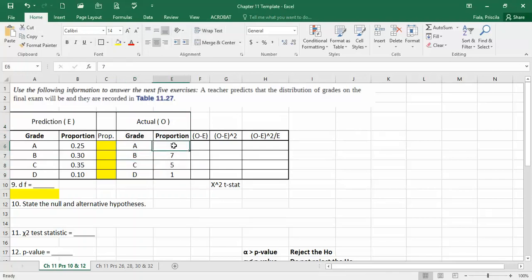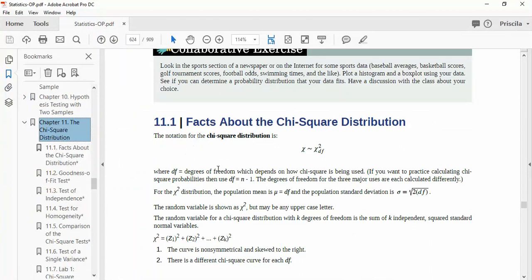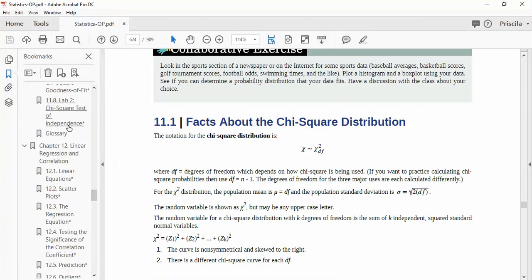If you notice here, it's showing you percentages. And here it's showing you how many students got each grade. Another thing that it tells you in your problem, let me see if I can find it.